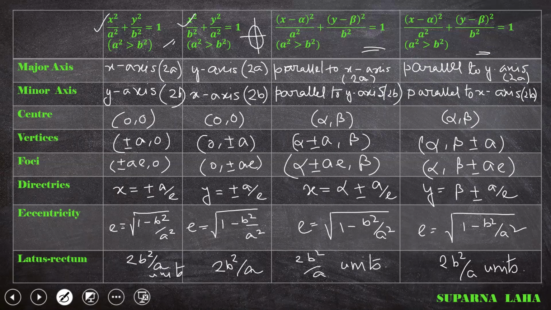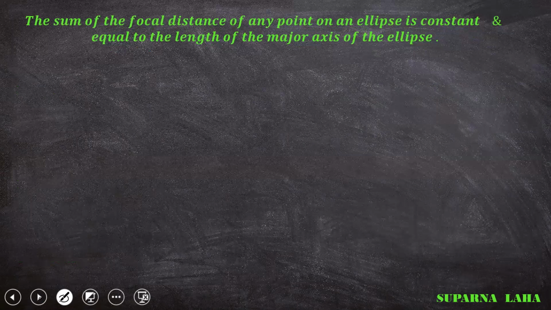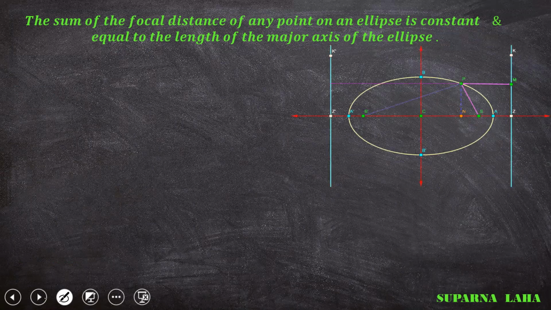Now there is another property of the ellipse. It says that the sum of the focal distances of any point on the ellipse is constant, and this is equal to the length of the major axis.